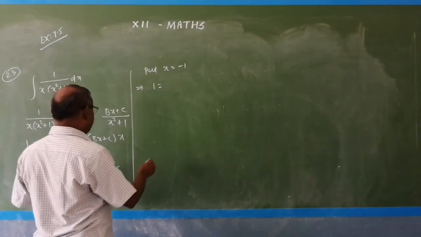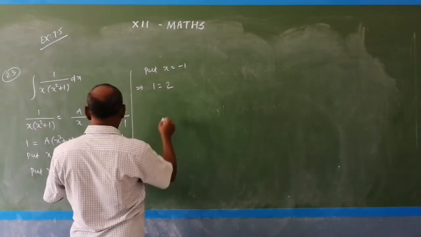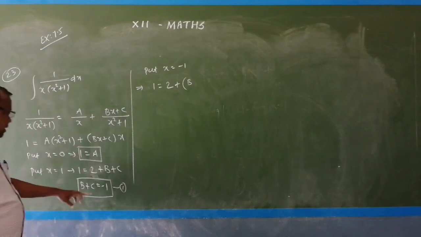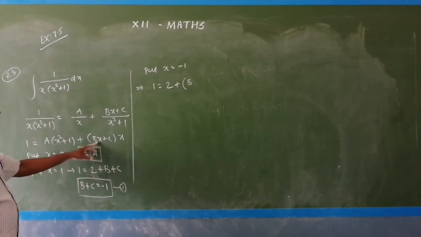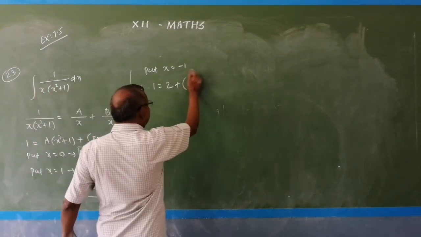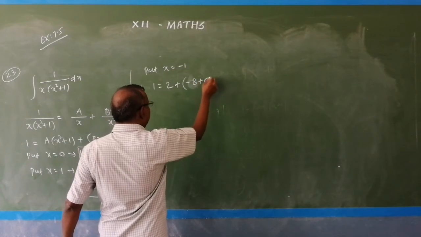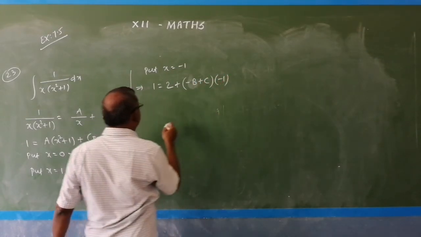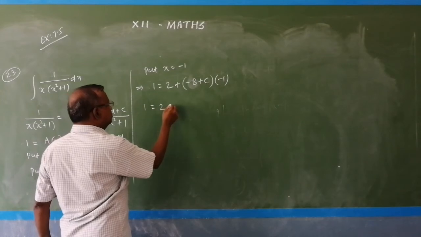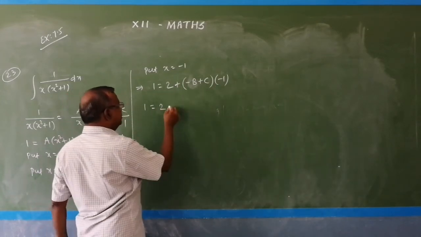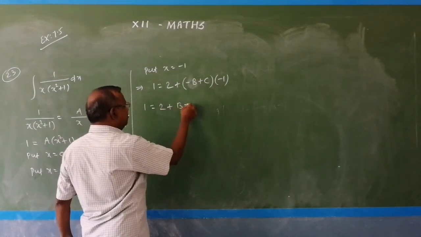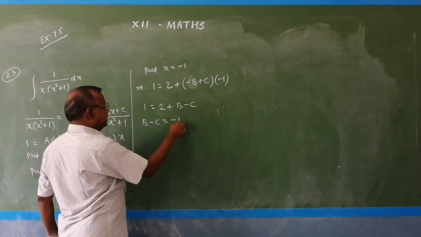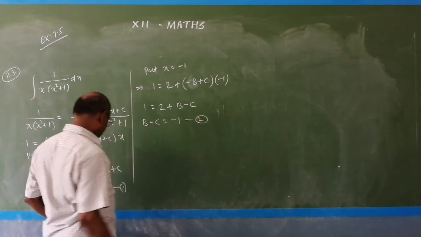So, 2 only, plus b into minus 1, x equal to minus 1 means it is minus b, we do not know about c, and into x equal to minus 1. So, 1 equal to 2, multiplying this we have plus b minus c, or b minus c equal to minus 1. Say this is second equation.